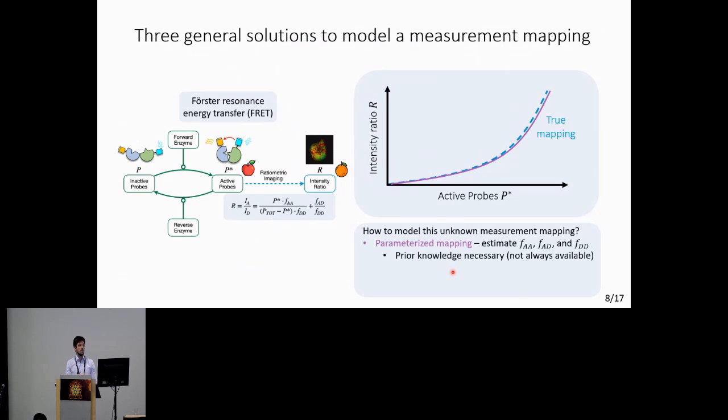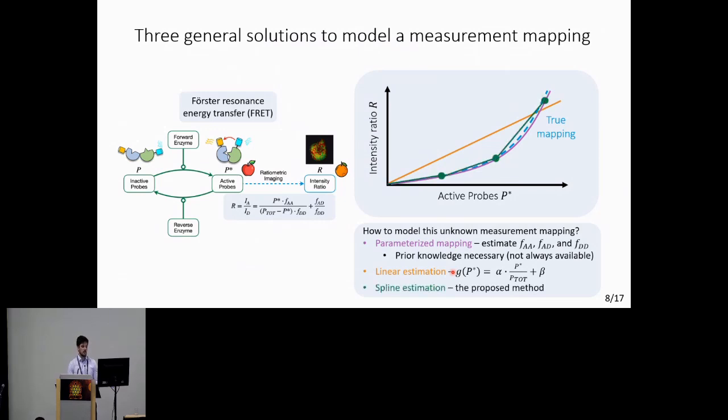This requires detailed knowledge, and you have to be sure that this relationship is correct, and this knowledge is not always available. An alternate method is to use some linear estimation. We just basically fit a line. But this is, of course, not good when the true mapping is very nonlinear.